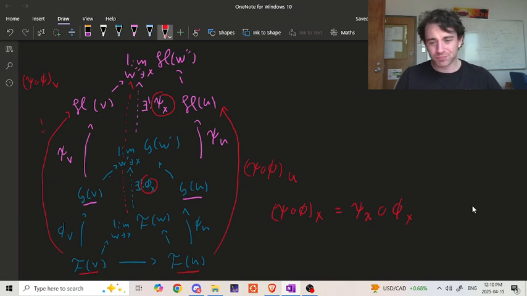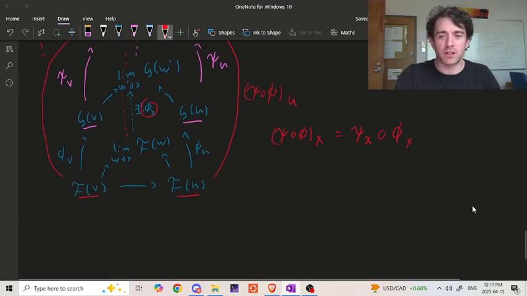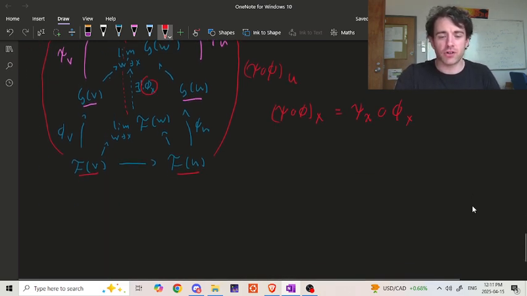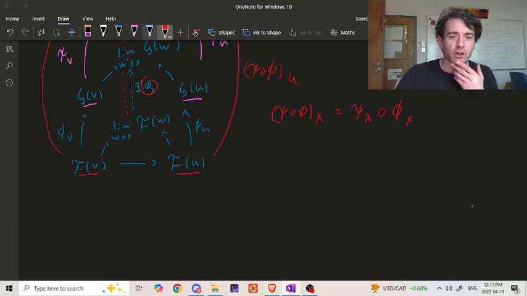Okay. So now that that's out of the way, we can return to the story of sheafification. And in particular, I need to explain to you why sheafification is a functor.